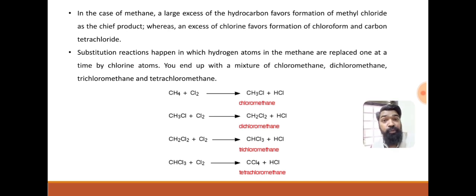See how the chloromethane is formed, how the dichloromethane is formed, how trichloromethane is formed, and how tetrachloromethane is formed. So remember, these are the very important factors of the reaction of alkanes.